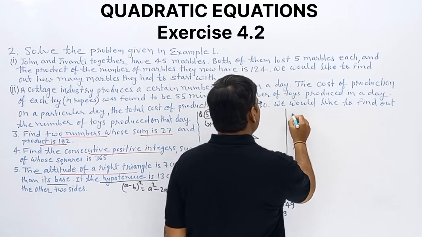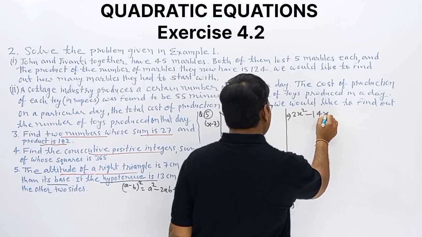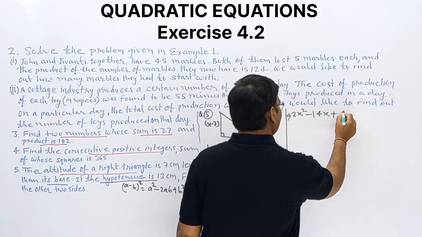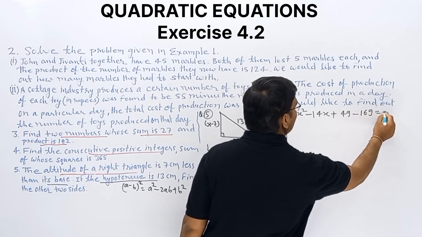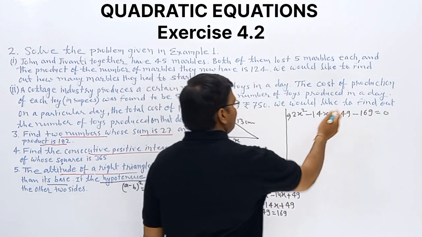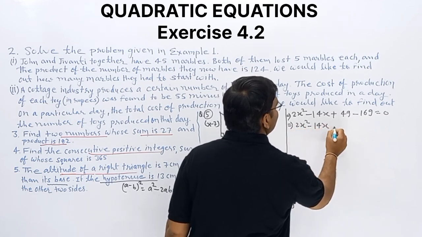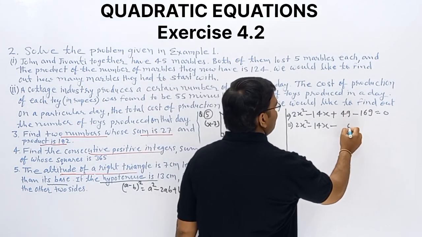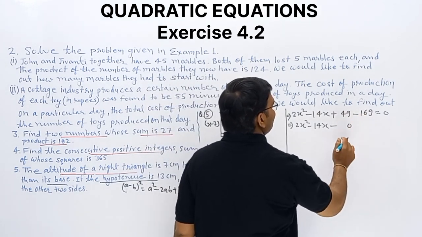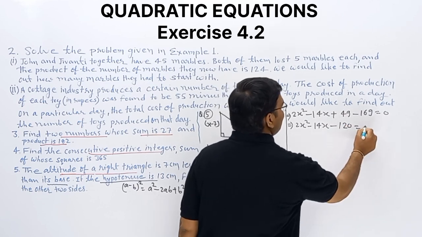Then what are we getting? 2x square minus 14x plus 49 minus 169 equal to 0. Clear? Subtract this one: 2x square minus 14x. What is the remaining? 49 minus 169 is minus 120, equal to 0.